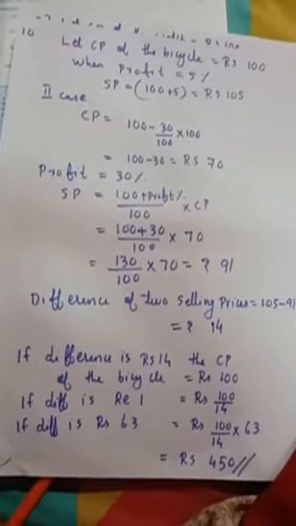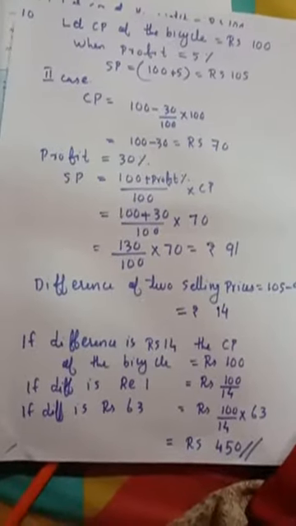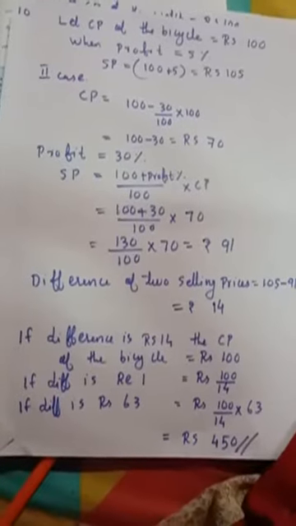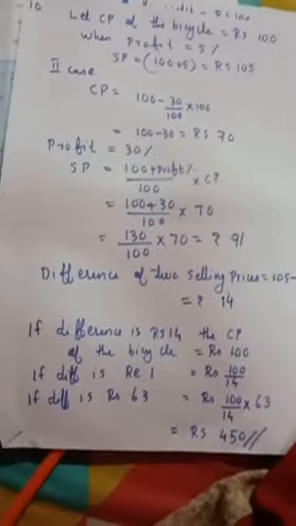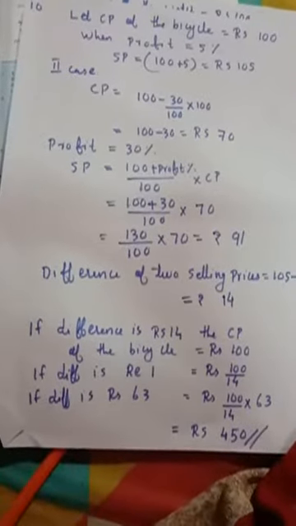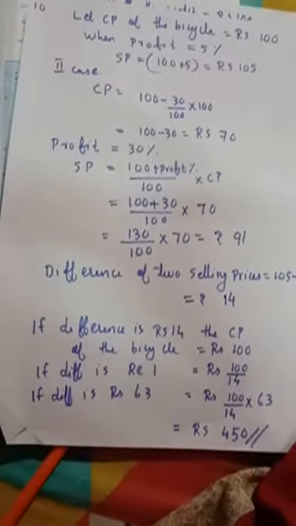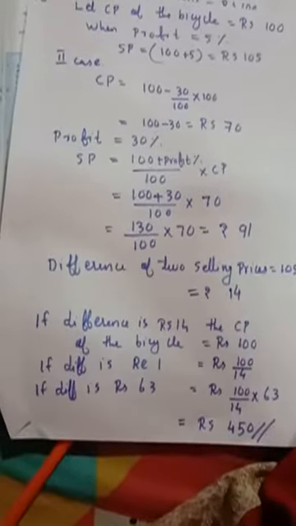Now same as the previous question. If the difference is rupees 14, the CP of the bicycle is 100. We assumed that the CP is 100, then we got a difference of 14. Now apply the unitary method. If the difference is 1, then the CP of the bicycle is, how to find one quantity?